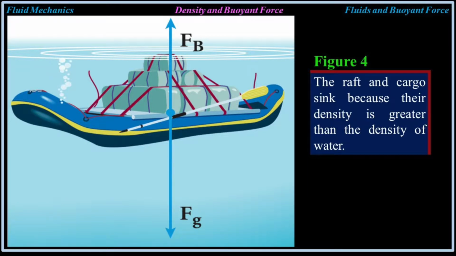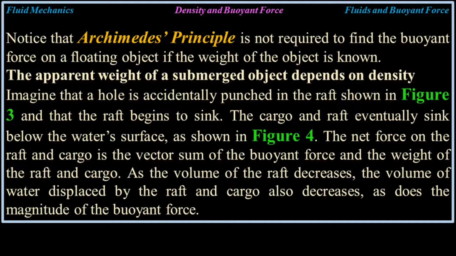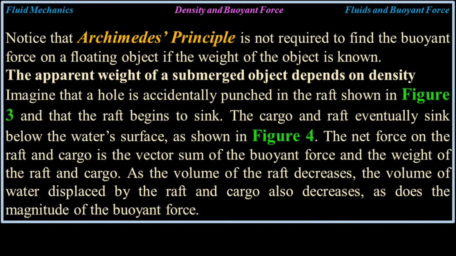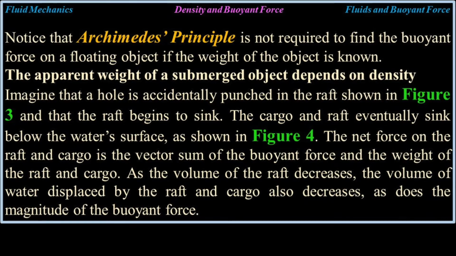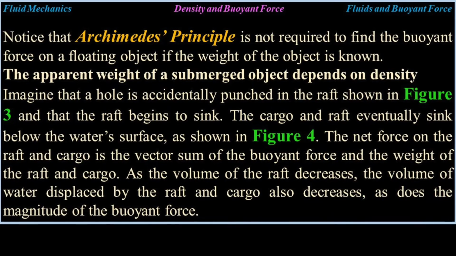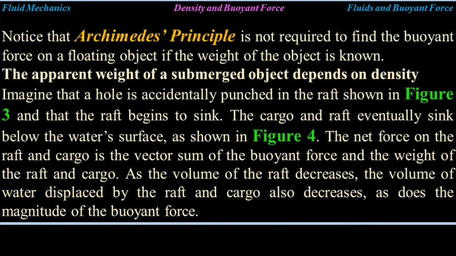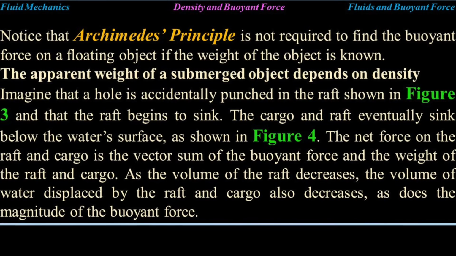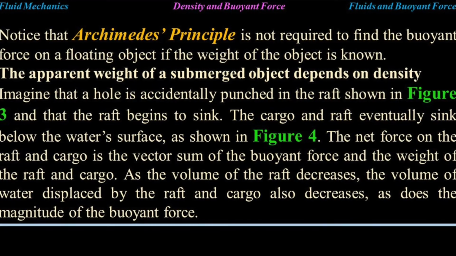The raft and cargo sink because their density is greater than the density of the water. Notice that Archimedes' principle is not required to find the buoyant force on a floating object if the weight of the object is known. The apparent weight of a submerged object depends on density.